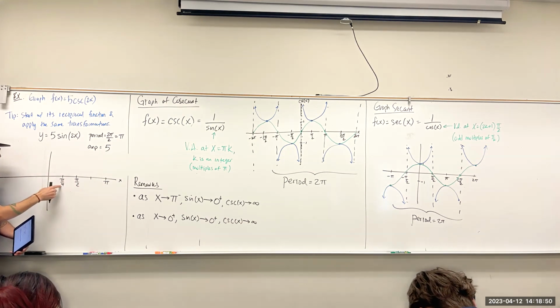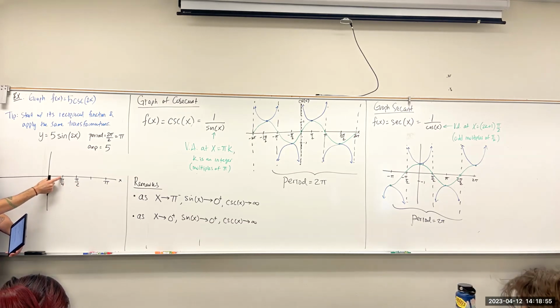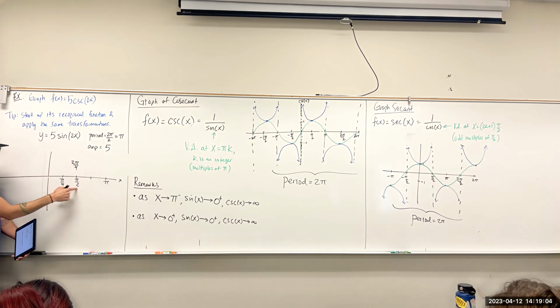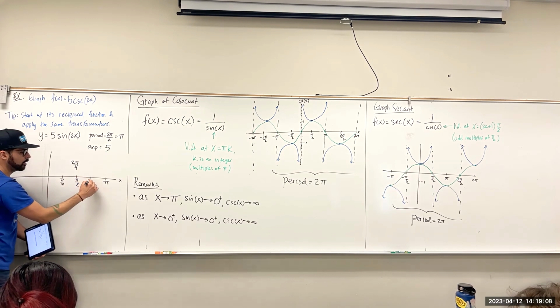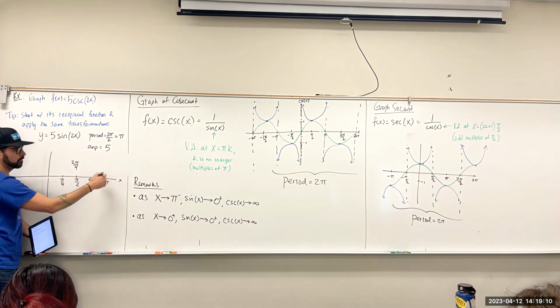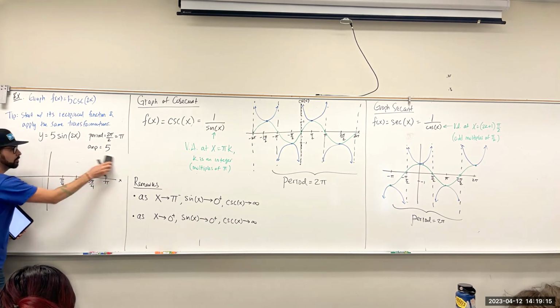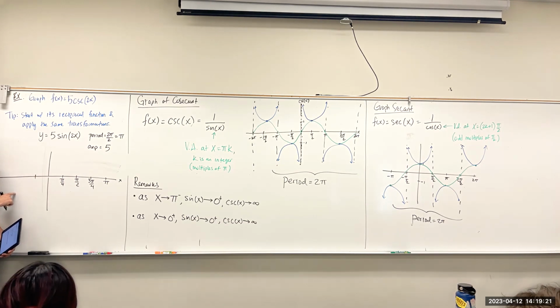And then a quarter of that is half of this one. So how long are my increments? Pi over 4. Pi over 4. 2 pi over 4 is really just pi over 2. 3 pi over 4. And then 4 pi over 4 is just pi, right? But basically, as long as you know your increment, that's all you need after that. So then what would this one be?